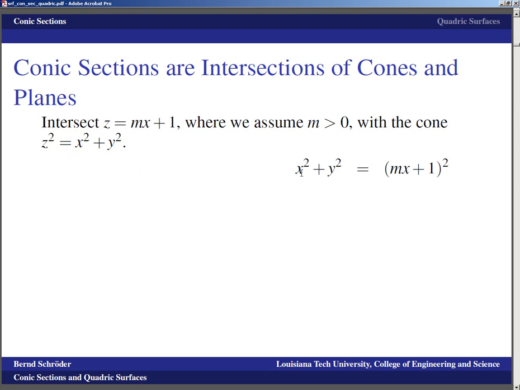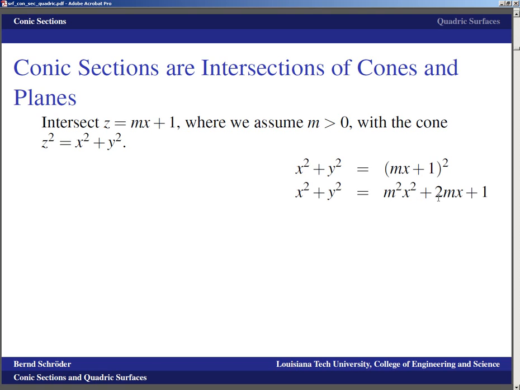Well, what do we do? We take x squared plus y squared. These are Cartesian coordinates, so we don't have to worry about parametrizations and changing variables around. We just said z squared equals z squared. So x squared plus y squared is z squared, which is the same as (mx plus 1) quantity squared. Then we multiply out the right side, so we get m squared x squared plus 2mx plus 1.